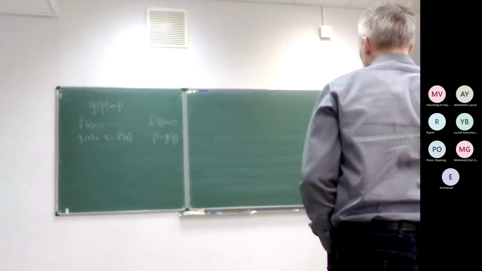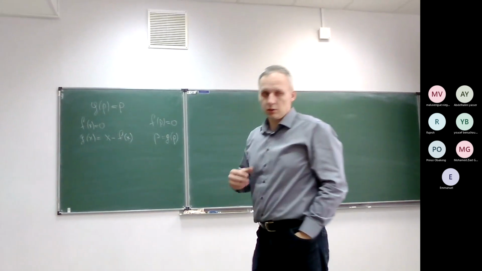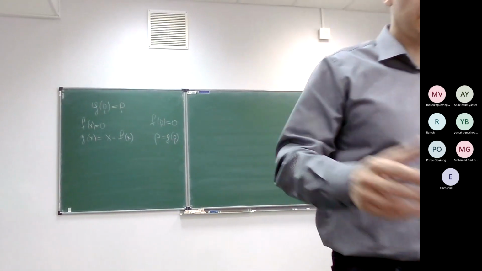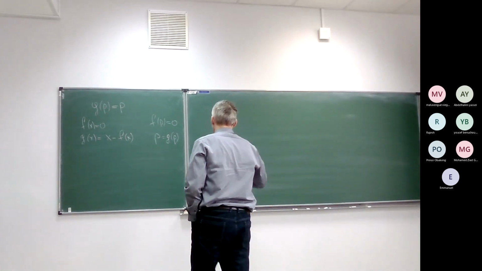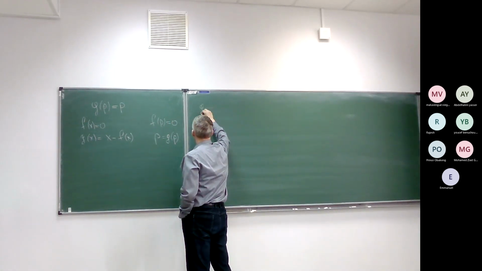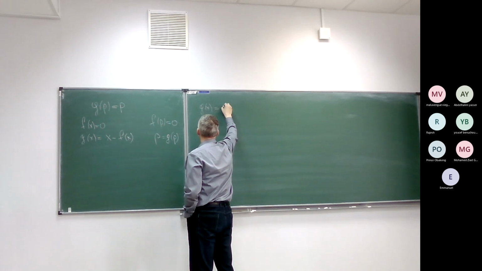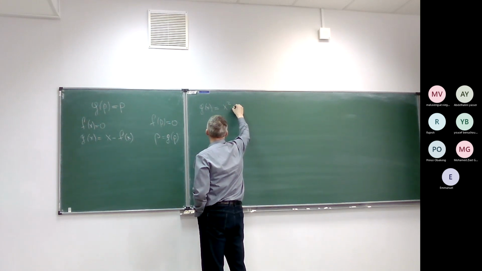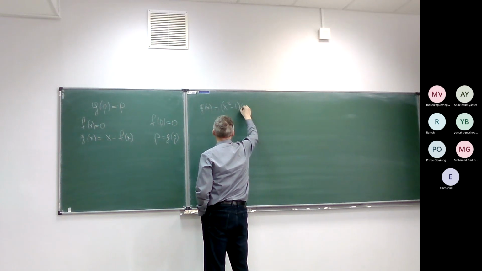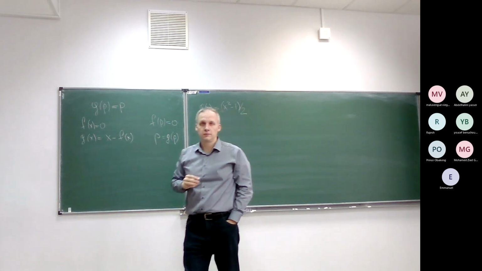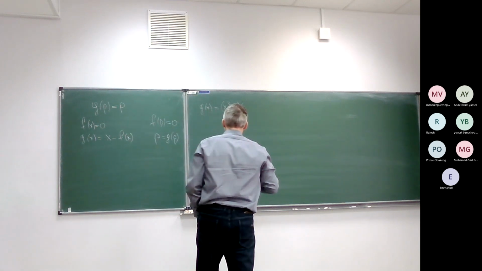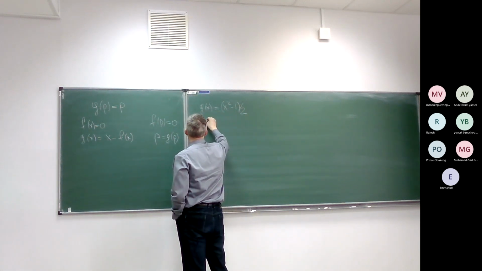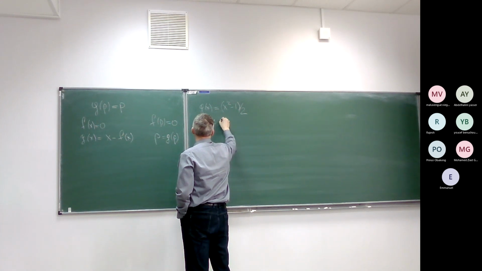First, we should answer the question: what are the values of the function? The function g of x equals x squared minus 1 over 2, and x is from -1 to 1.